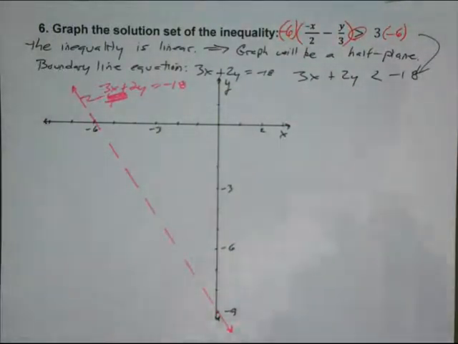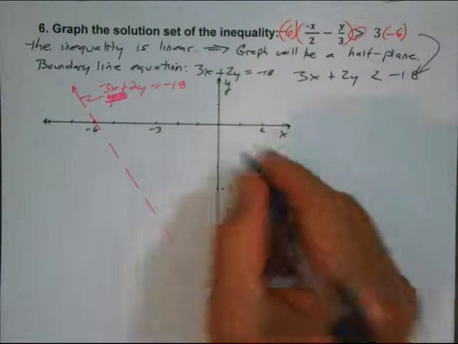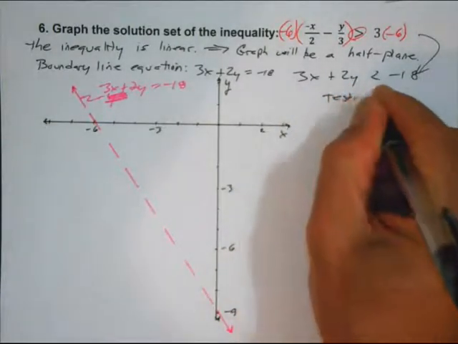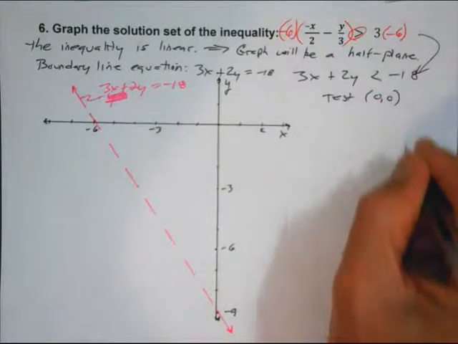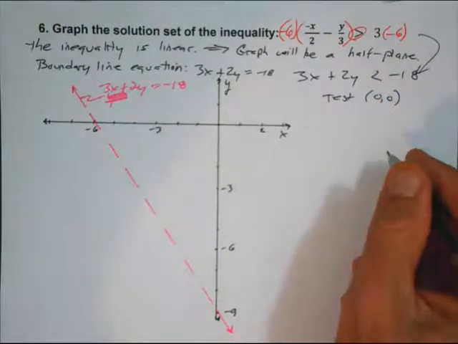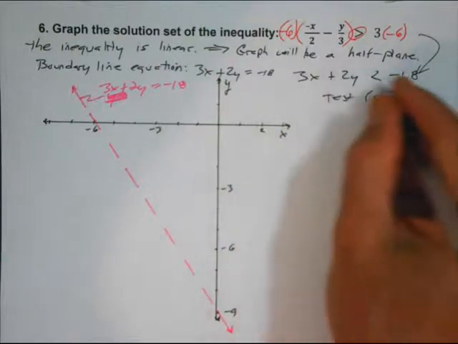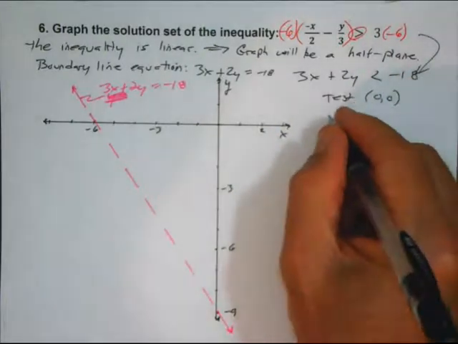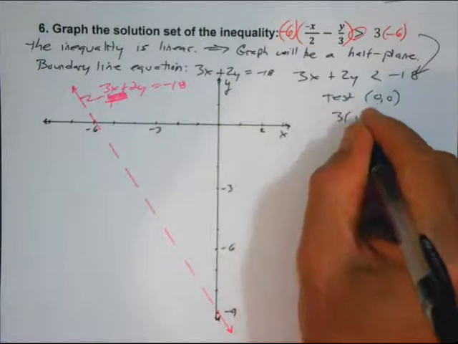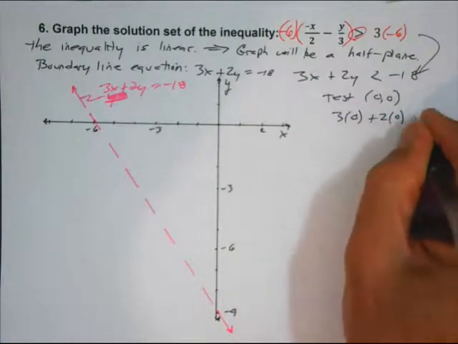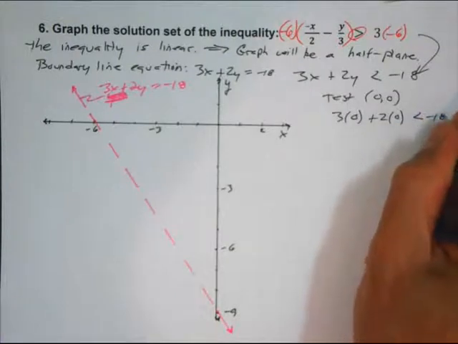Okay, now, which side of the line to shade? For that, we could test (0, 0) out and see what happens there. Let's put it into our recent inequality here. 3 times x is 0 plus 2 times y is 0 less than negative 18.